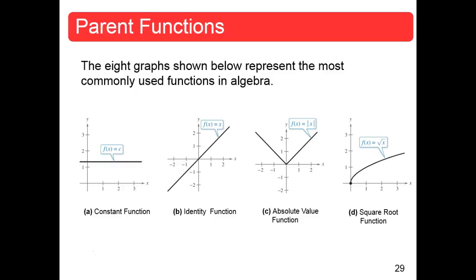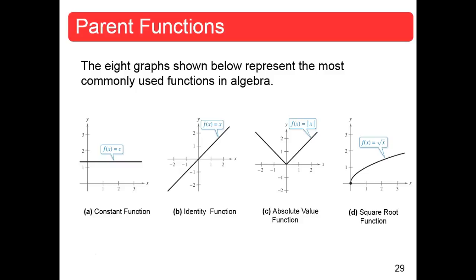Okay? It may not be at the origin. This one is. The parent function is at the origin. That V can be translated elsewhere. It can actually be inverted and translated elsewhere as well. Okay? But absolute value functions typically have that V shape.